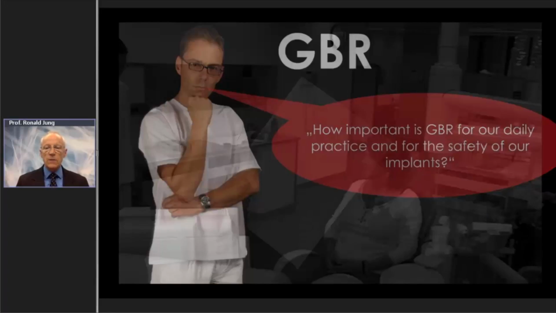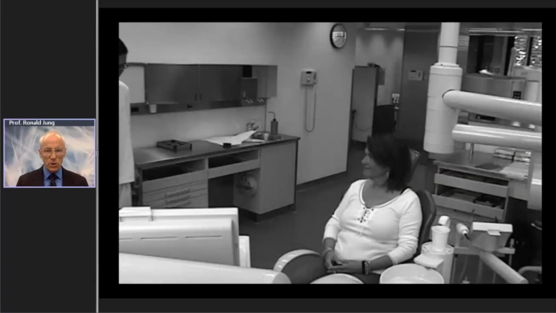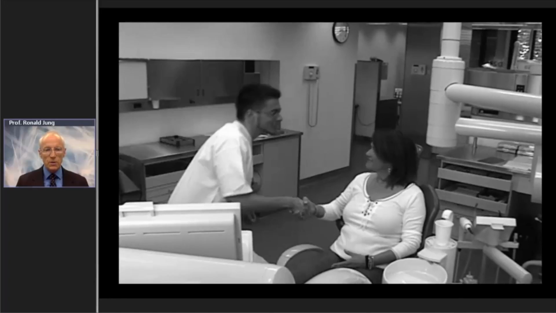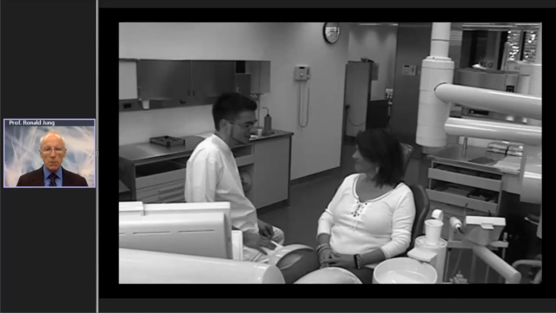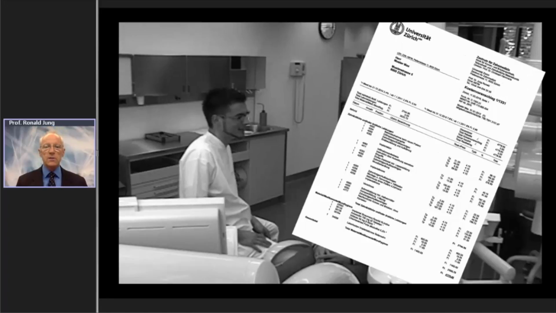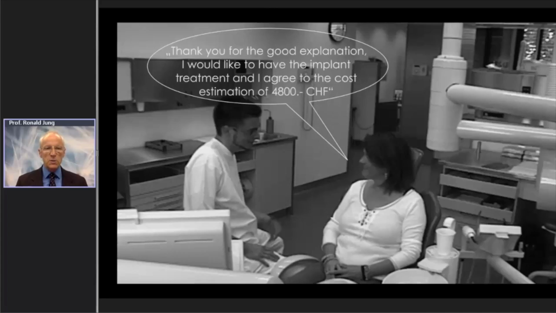Let's look at the clinical situation as it may occur in everyday practice. Encounter a patient, there's need for an implant, do a treatment planning, discuss it with the patient, make a cost estimate. Afterwards, the patient may say, thank you for the good explanation, I would like to have the implant treatment, and agree to the cost estimation of 4,800 Swiss francs.